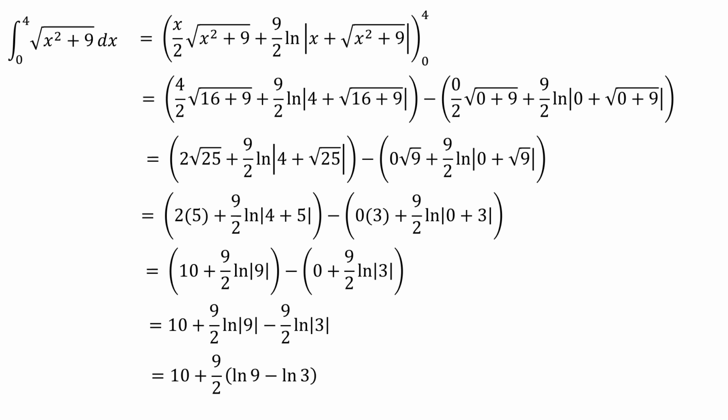And now I've got natural log of 9 minus natural log of 3. Let's condense those logarithms, right? If we condense, we'll have natural log of 9/3, also known as the natural log of 3. So there's our answer. 10 plus 9 halves, natural log of 3.